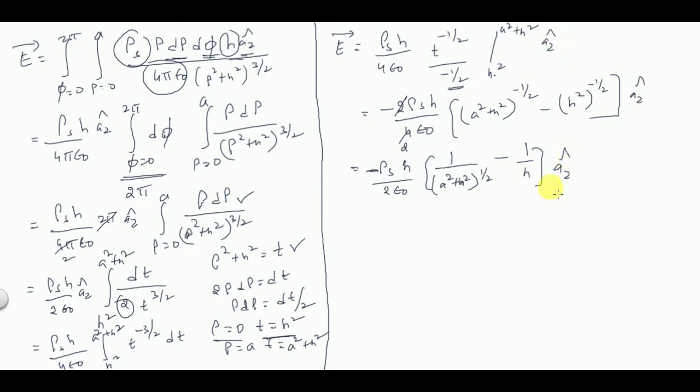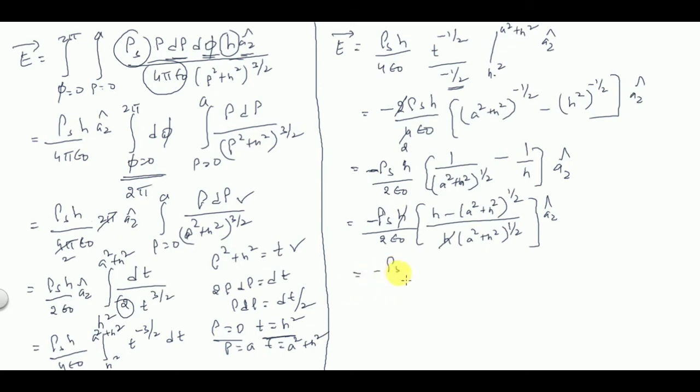Okay, then what will be this value? So if you take the LCM, minus rho s into H divided by 2 epsilon naught into (H minus (a square plus H square) whole to the power of 1 by 2) divided by H into (a square plus H square) whole to the power of 1 by 2. So this H and H get cancelled, right? So then what will be the value?